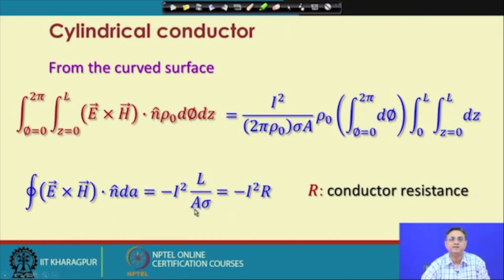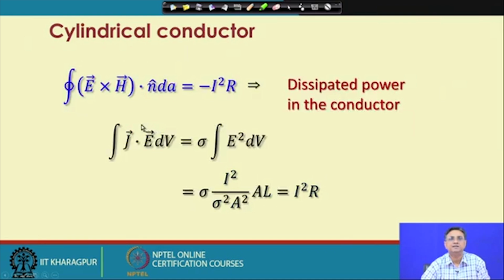But L by A sigma is equal to the resistance. For resistance we write rho L by A, and in terms of conductivity we write the resistance as L by A sigma. So, this quantity represents minus I square R. This is a known quantity which appears in the textbook: the Joule's loss, the heating loss.